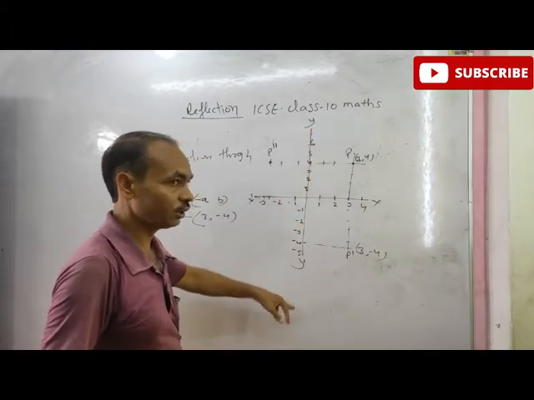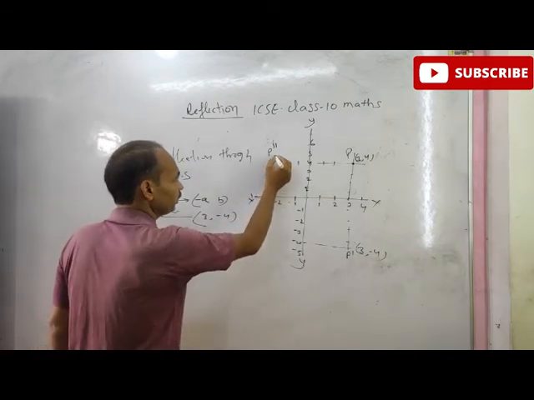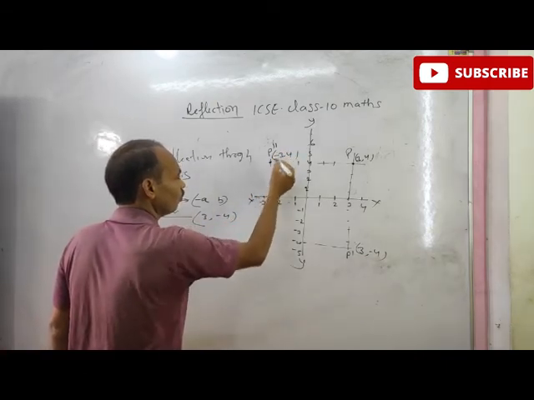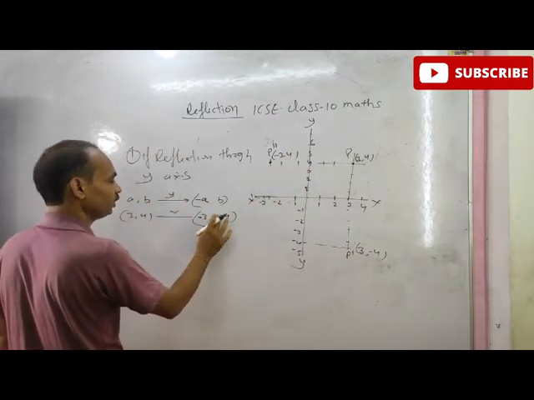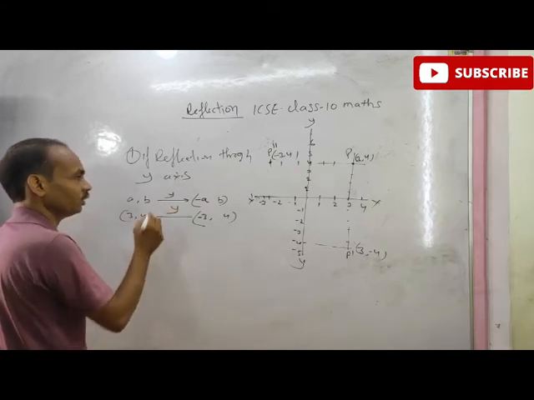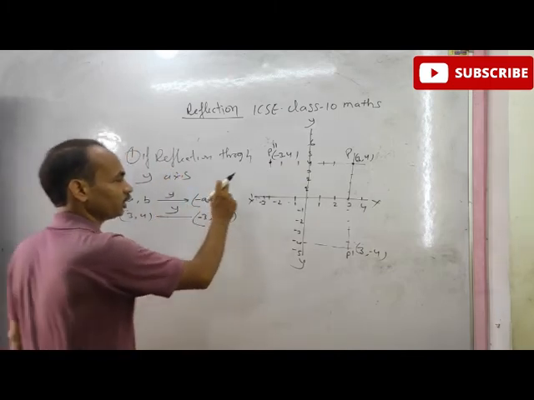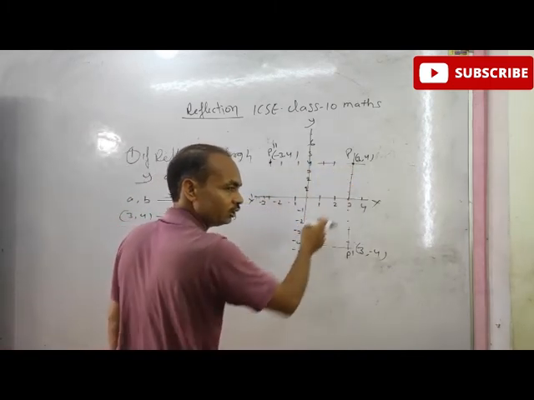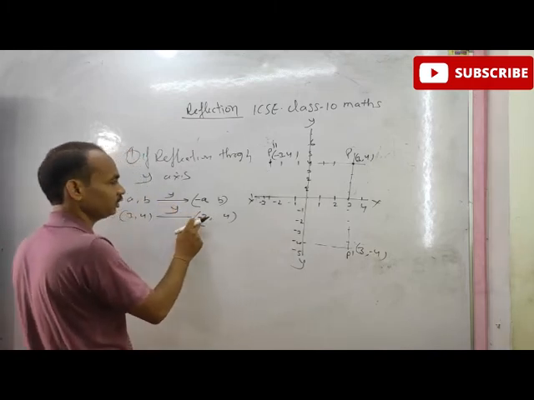If reflection is done by the y-axis, then you know it becomes (minus 3, 4). What is changed? The abscissa is changed, and the ordinate does not change if reflection is done by the y-axis. You all know that if x-axis, then the y sign changes, and if y-axis, then the x sign changes.